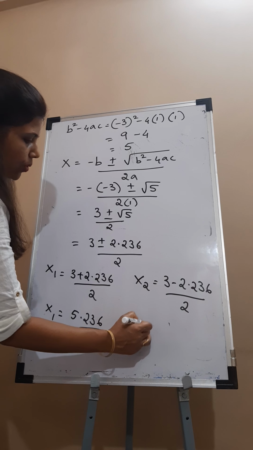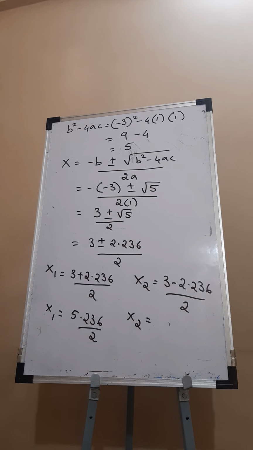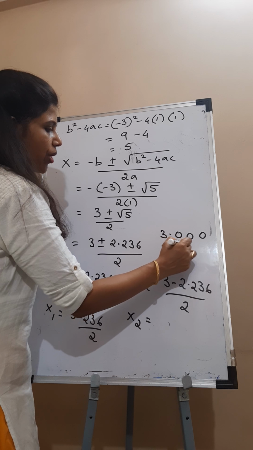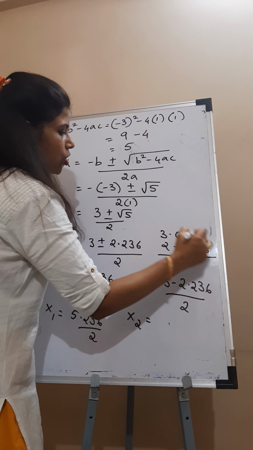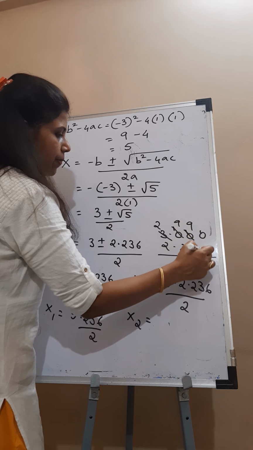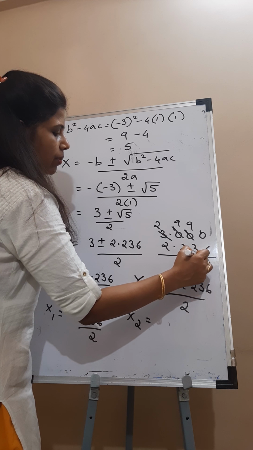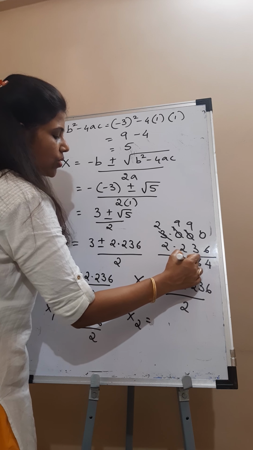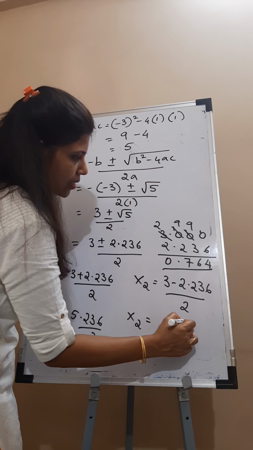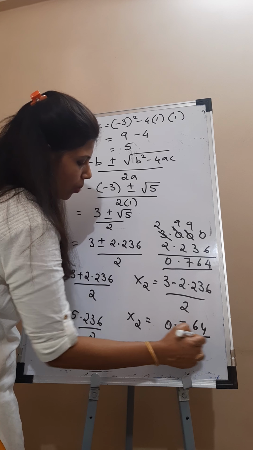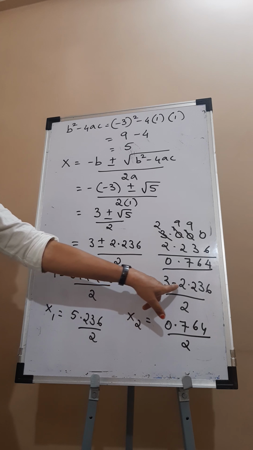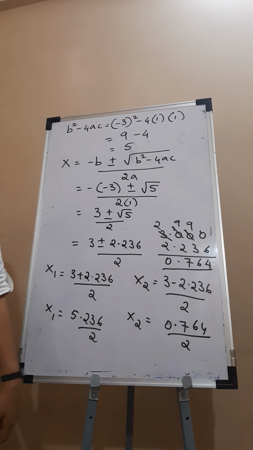And x2 is equal to, when you subtract, 3.000 minus 2.236, you will borrow, 10, 9, 10, 9, 10. So you will get 4, 9 minus 3 is 6, 9 minus 2 is 7. So you'll get 0.764 upon 2. And here, because 3 is greater than 2.236, you'll have a plus sign.